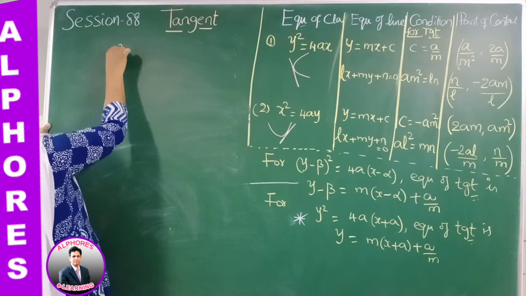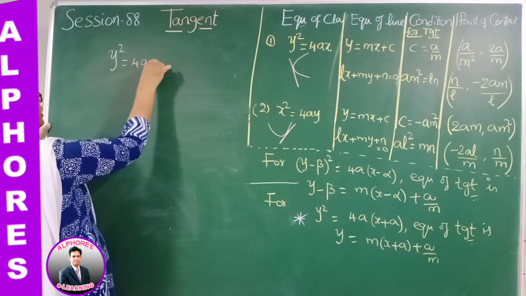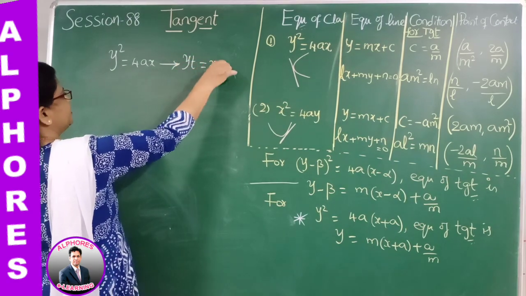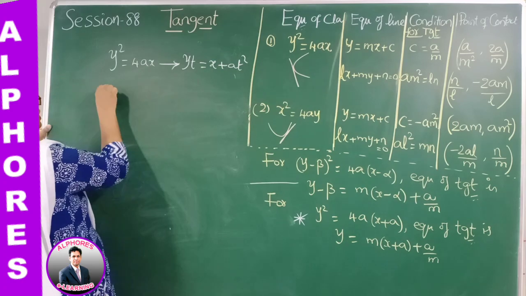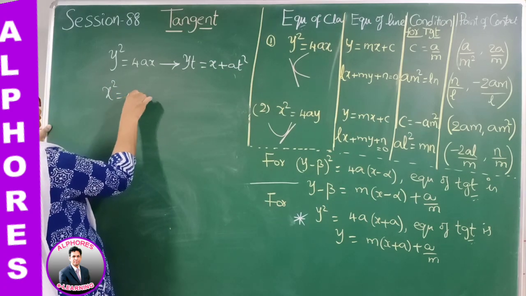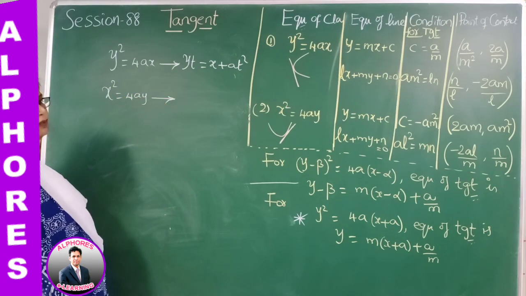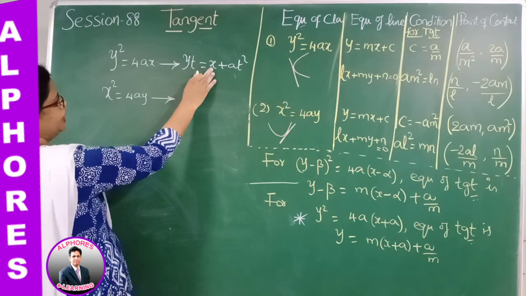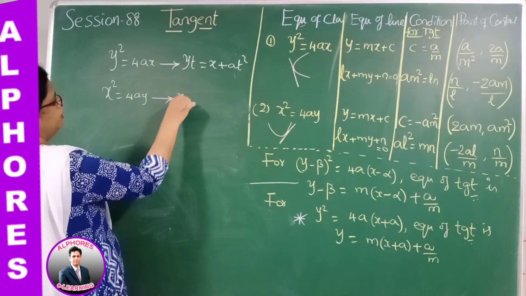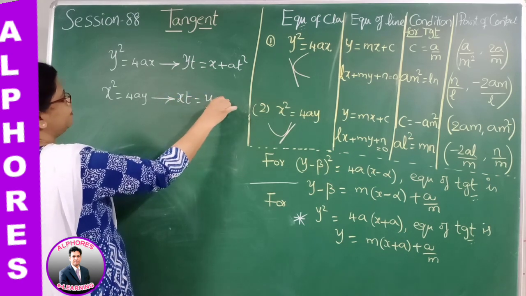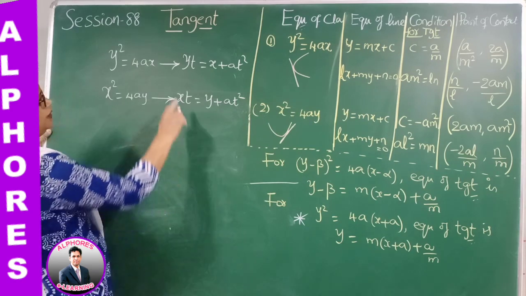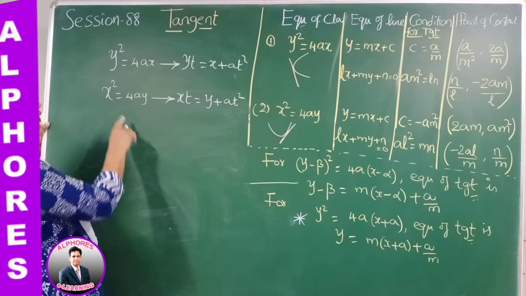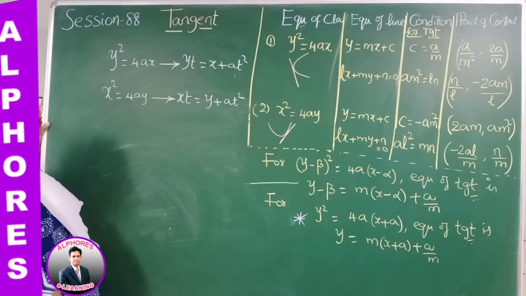Therefore, to this parabola y square equal to 4ax, if the tangent equation is yt equal to x plus at square, then what about x square is 4ay parabola? It is the image with respect to y equal to x, so just interchange x and y. That means xt equal to now how much? Y plus at square. Just interchange x and y. That is the equation of the tangent to the parabola x square equal to 4ay.